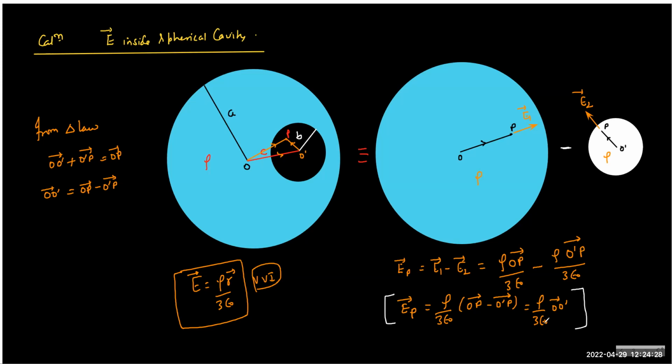So the whole idea is that the cavity may not have charge, but it doesn't mean they will not have the field. They will have the field. Only when they are concentric, the field becomes 0. The moment they are not concentric, there will be an electric field.